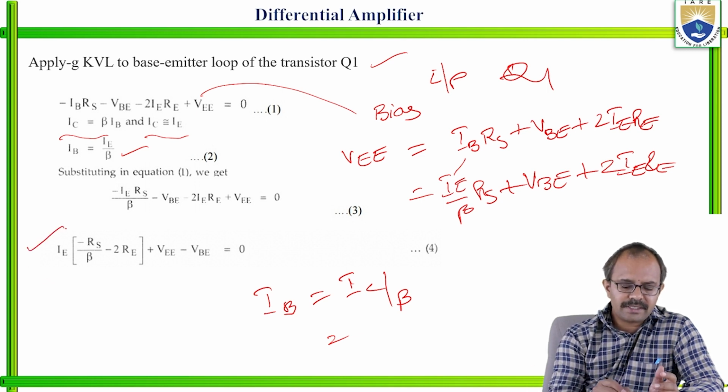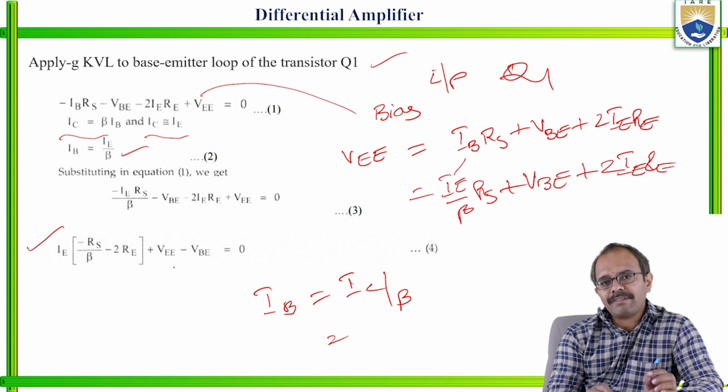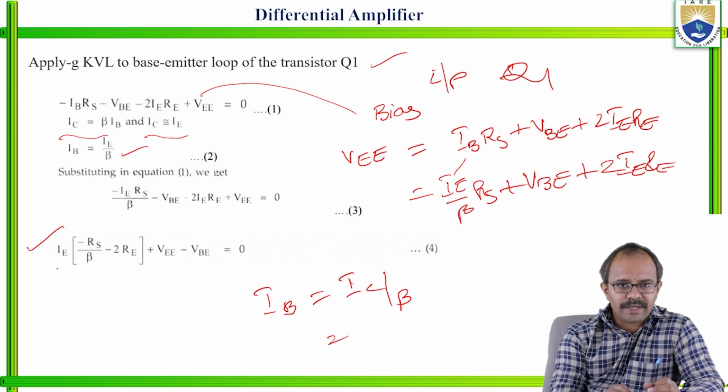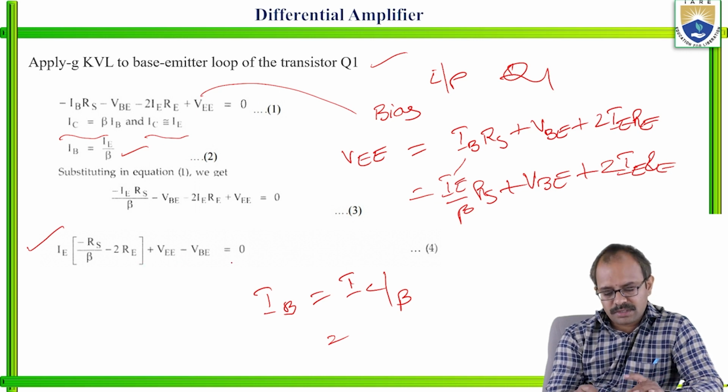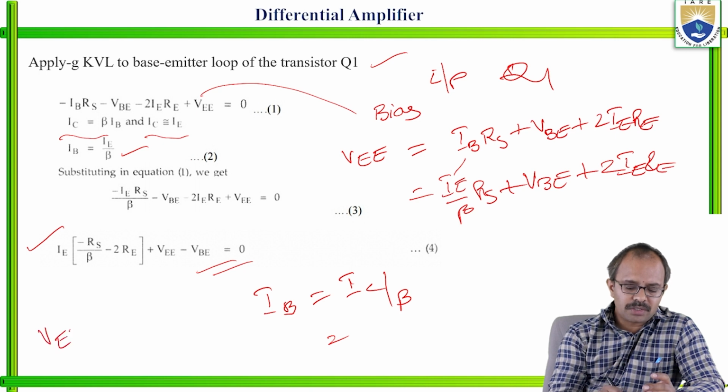After substitution of the value of IB, we can rearrange and take IE as common.